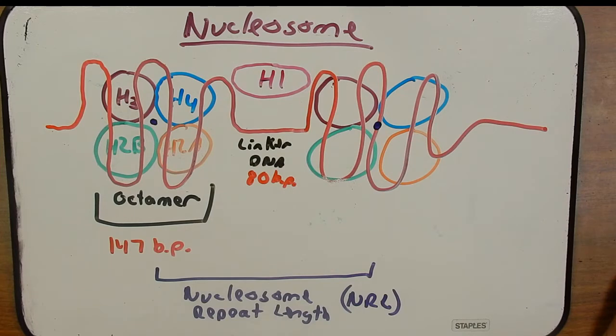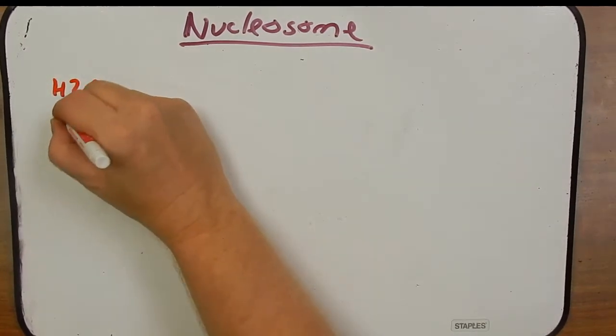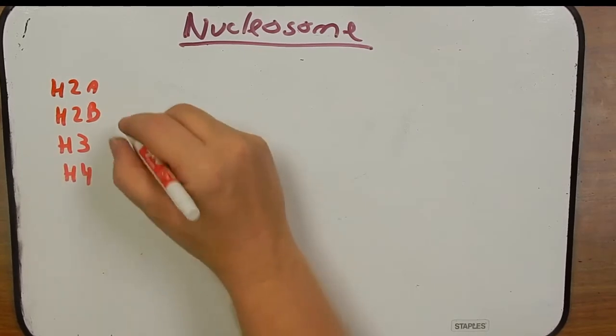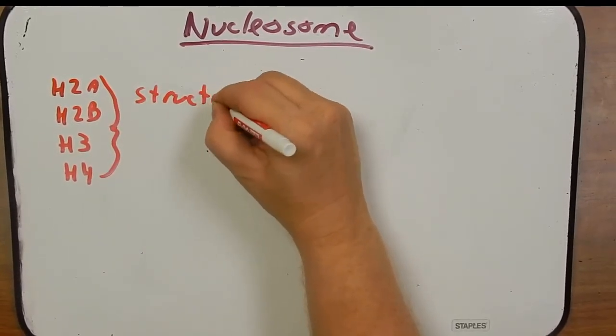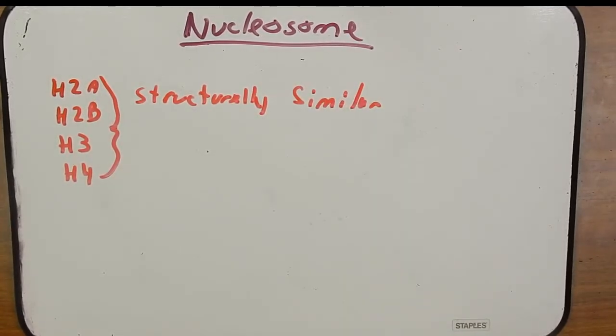Now I want to spend a little bit more time talking about these histone proteins. When we compare histone proteins, so let's just write H2A, H2B, H3, and H4. We'll leave H1 out of this. Structurally, they're similar, both within a species and between species.